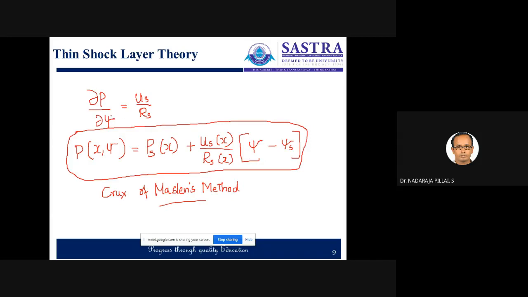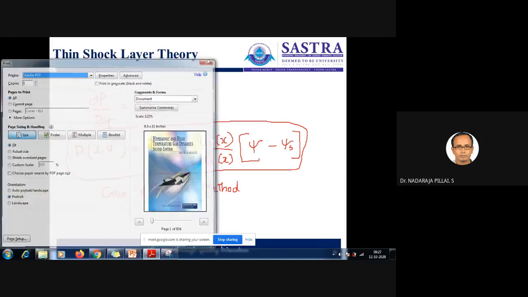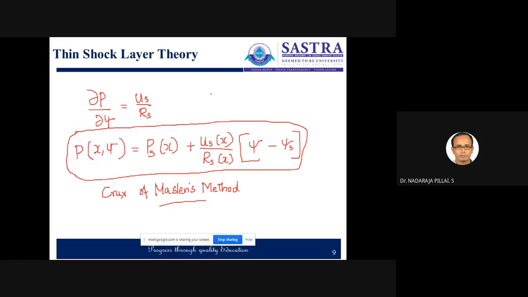In that case we can write this equation finally as p(x, ψ) is equal to p_s(x) plus u_s(x)/r_s(x) times (ψ minus ψ_s), where ψ_s is a function of x, right?